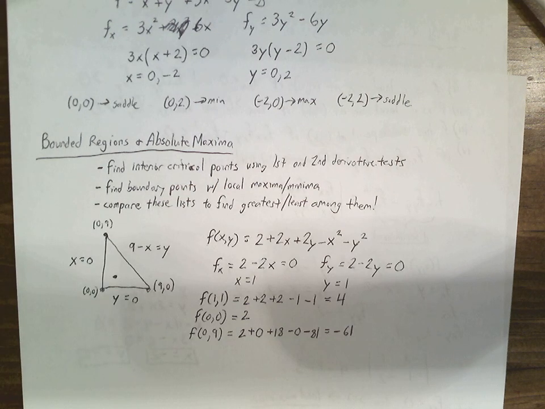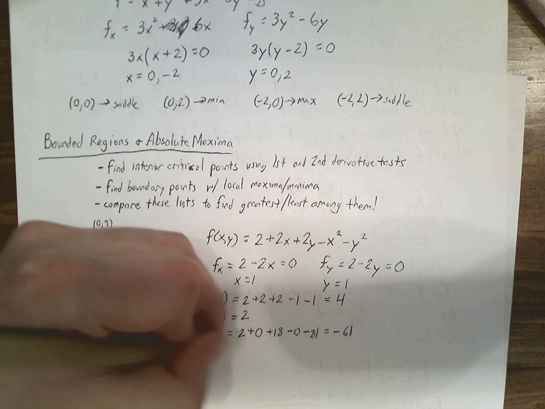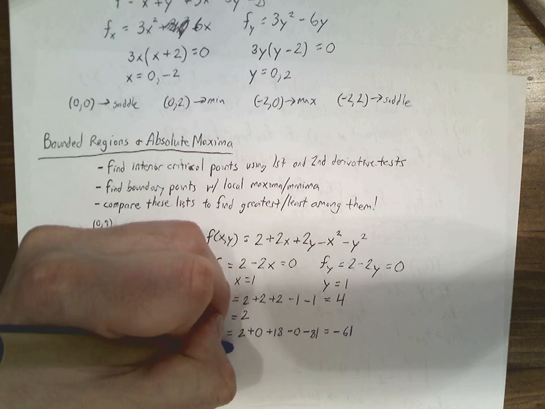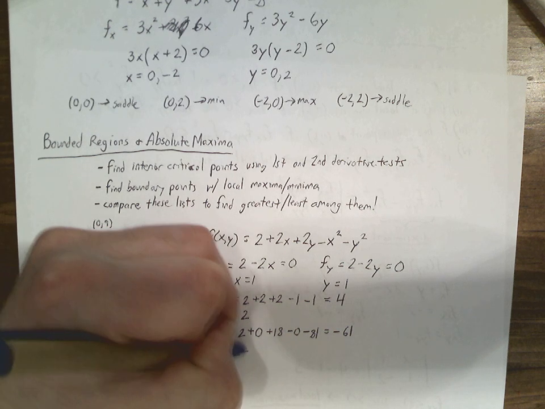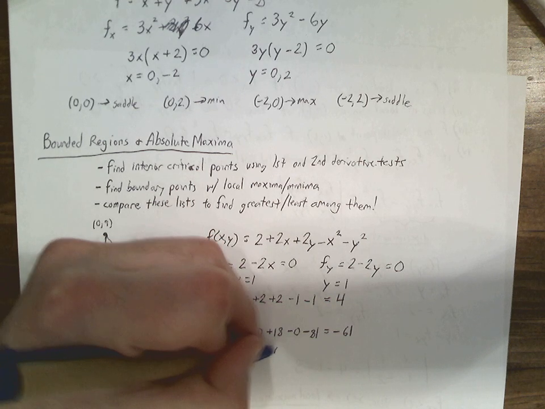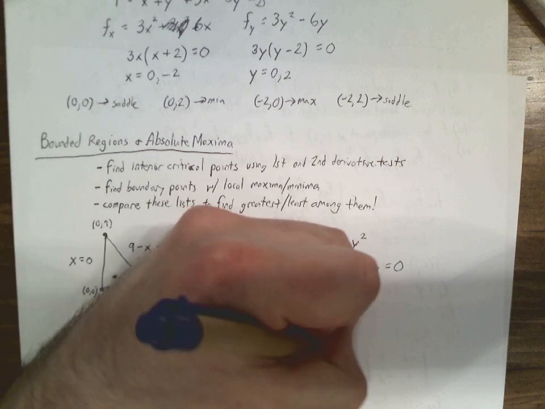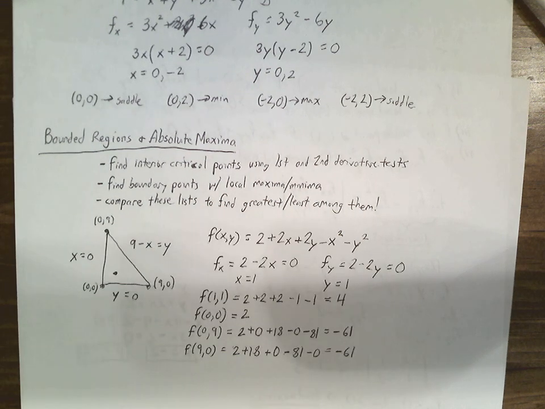This is a clear front runner for minimum so far. And then finally at the point f of 9, 0, it's symmetric, so it should be the same. We get 2 plus 18 plus 0 minus 81 minus 0. So that should be negative 61 again.